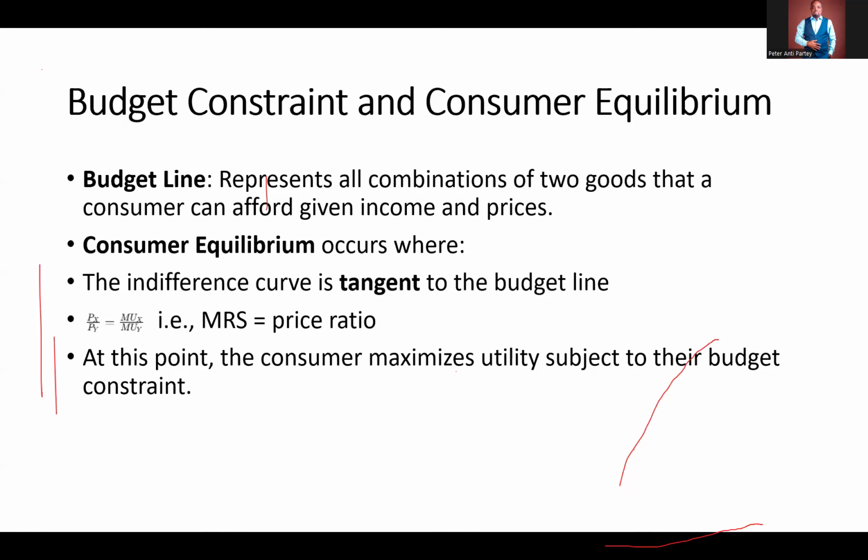Our budget line is simply the amount of money that we have in our pocket. Now, for us to be in equilibrium, the amount of money that we have in our pocket should be equal to the combination of goods that we would want to have access to. So we say that the consumer is always in equilibrium where his indifference curve is tangential to his budget line. I'll treat the budget line in our next class, but I will still have to demonstrate this to you.